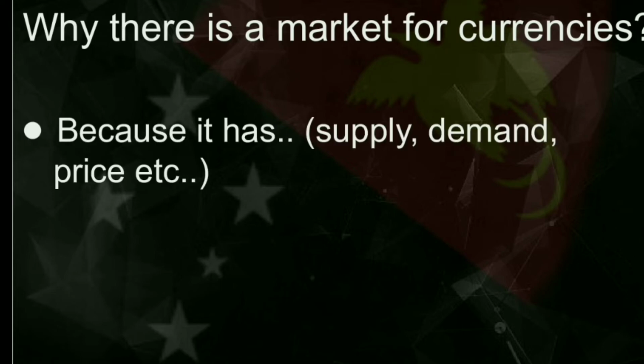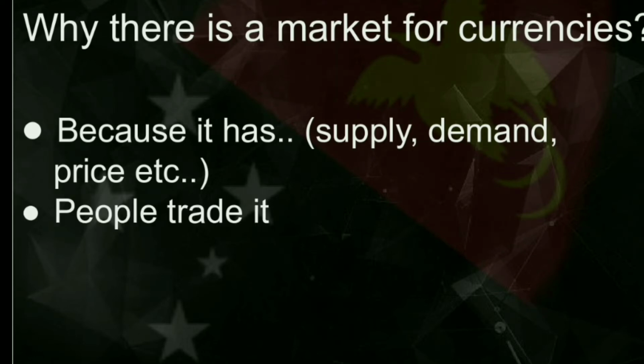Like all markets, this stuff has demand, supply, and price. And other factors also make it, but these things are what make it similar to a traditional market aspect. So if those things exist, then it is a market.